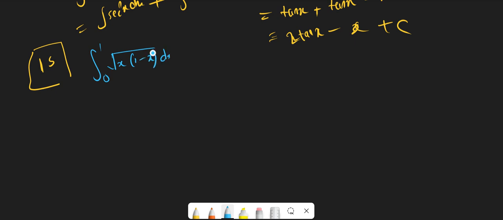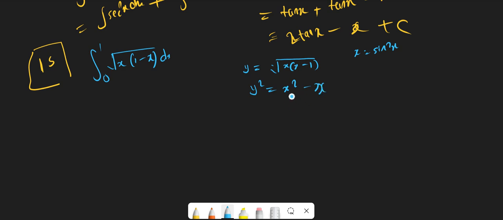One common way you can try to do something like this is probably to take x to be sine squared x, and you have 1 minus x to be 1 minus cosine squared x, and something can happen here, but you can notice, just set y to be the square root of x times 1 minus x, and notice that y squared will be x minus x squared.